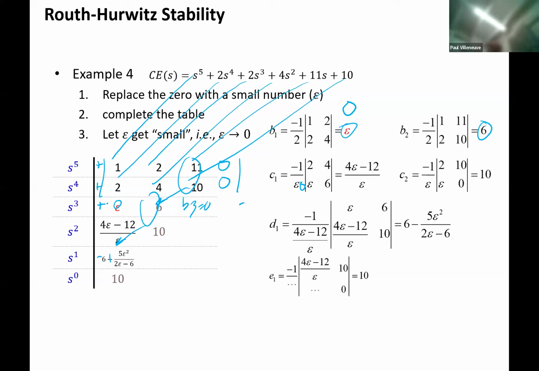When I allow E to approach a small number, 0, what happens to 4E minus 12 over E? What does that work out to be? It's going to approach infinity, but does it approach positive infinity or negative infinity?